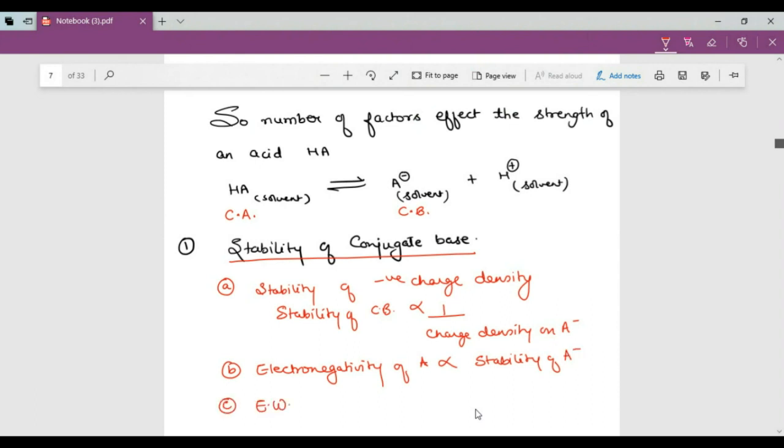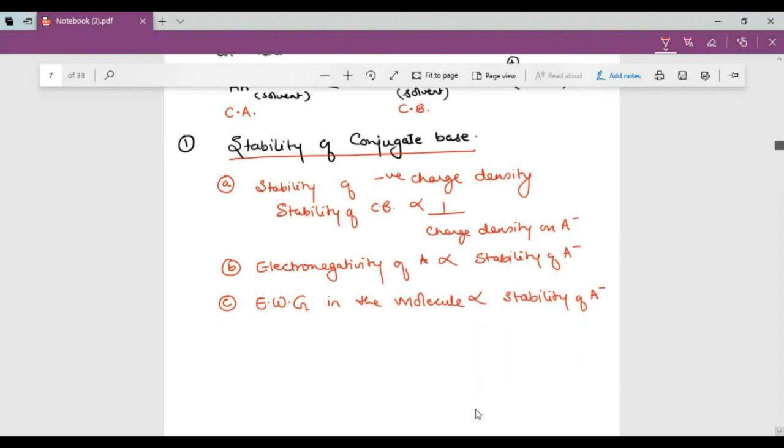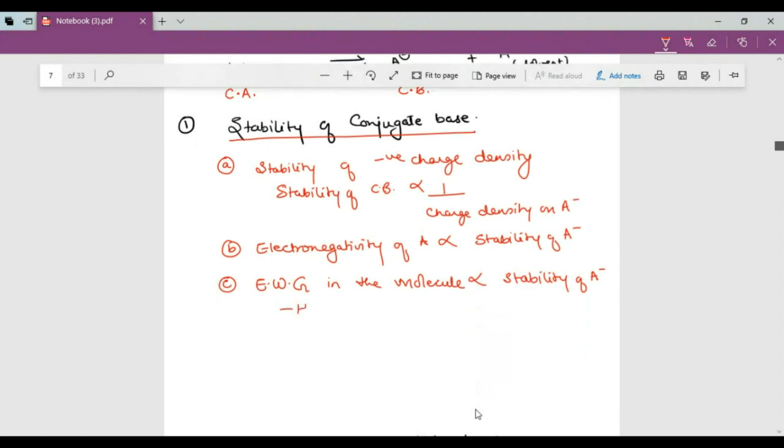Electron withdrawing groups in the molecule directly increase the stability of A minus. When I say electron withdrawing groups, I include minus H, minus I, minus R. Whichever way they delocalize that negative polarity, they increase the stability of the conjugate base. Okay?